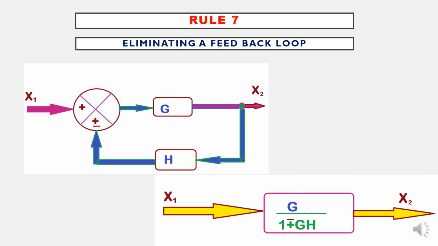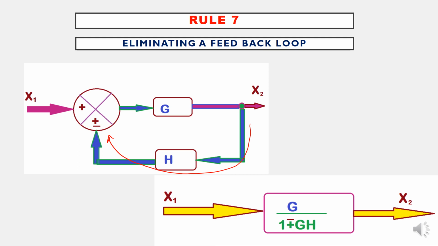Rule 7: eliminating a feedback loop. What is a feedback loop? The output is connected to the input. That is known as feedback. Here X1, and H is the feedback block, G is the forward block.